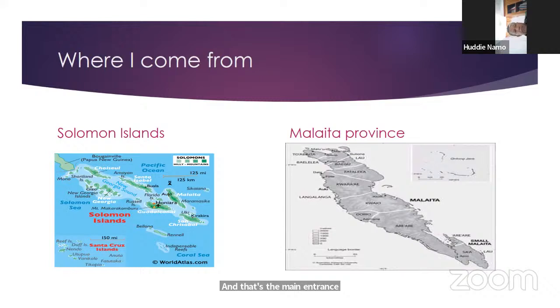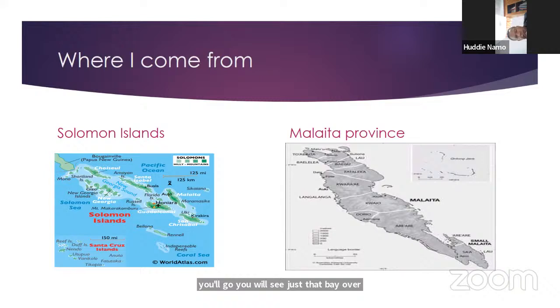If you come from Honiara, you will land at the beginning of the passage, in one area called Afio. You travel through that passage by ship, and then you will see that bay just next to the word Are Are.